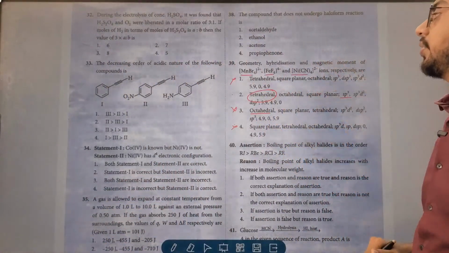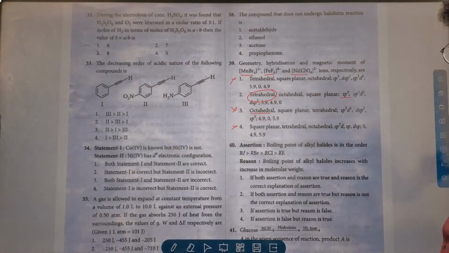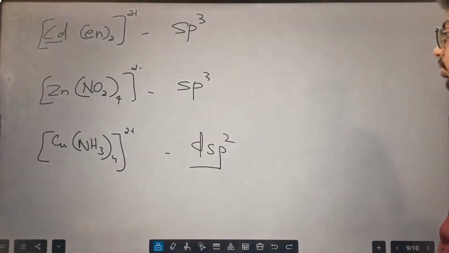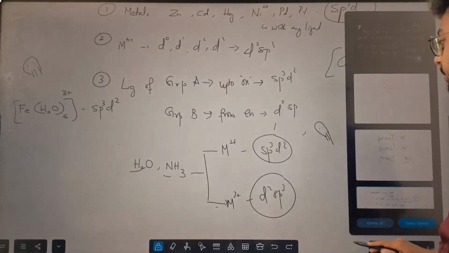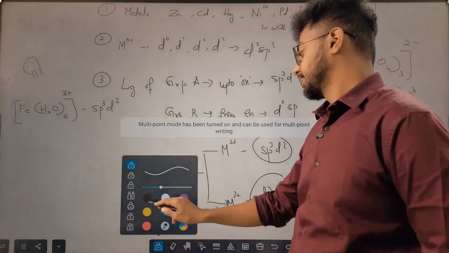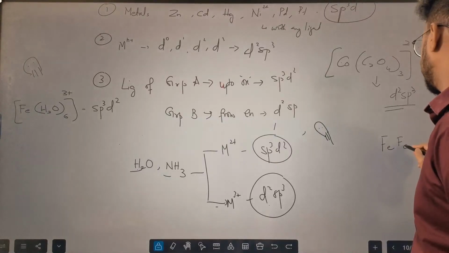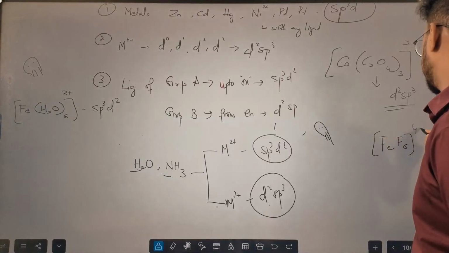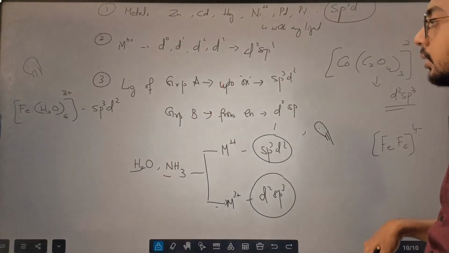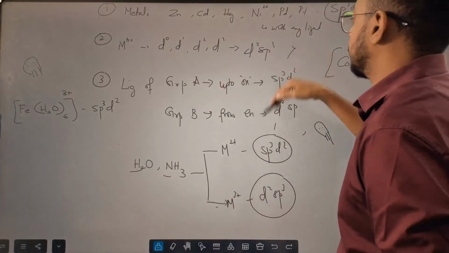Correct. Next, FeF6 whole power 4 minus. So this is an octahedral complex. Nickel, palladium is not there, and d2 is also not there.